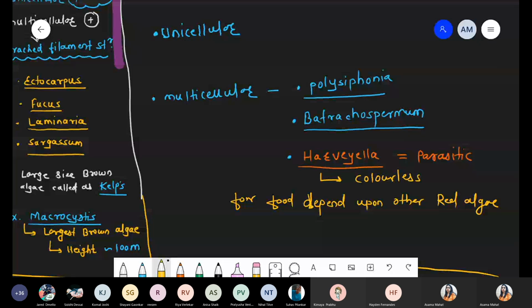But still we have an exception case with respect to red algae. Example, Harveyella. Harveyella basically is a colorless red alga, and due to that colorless property, these act as parasites, and for food it depends upon other red algae. Got it? Is this point clear, everyone?